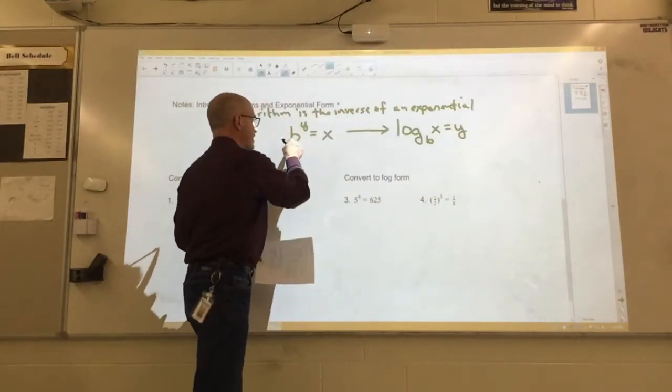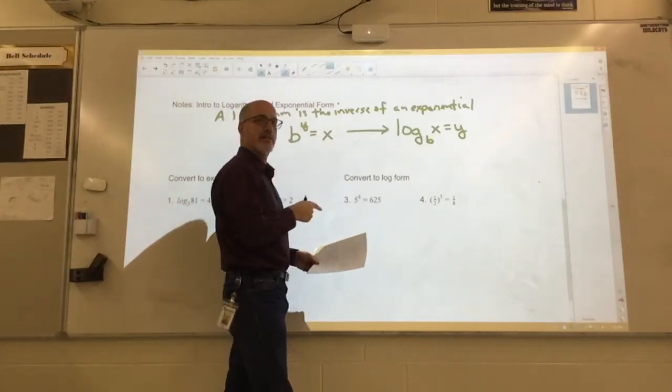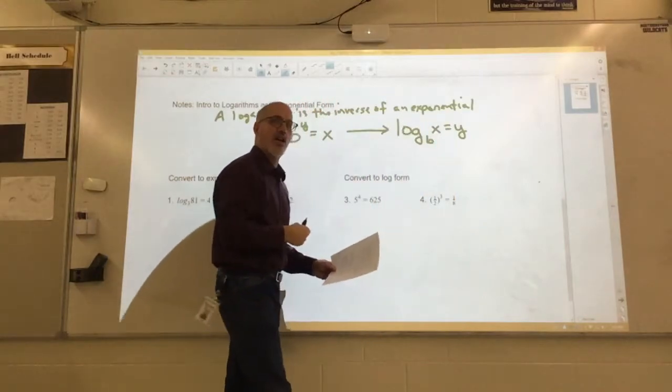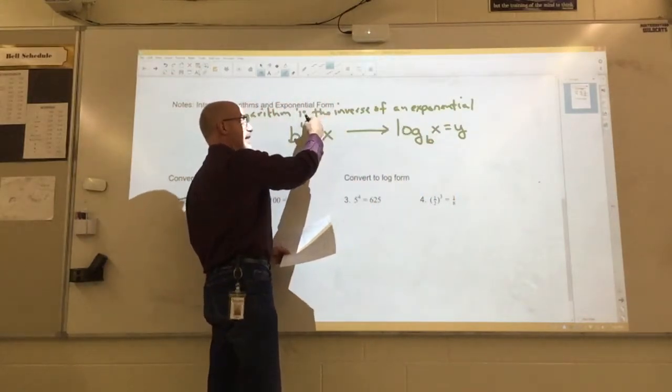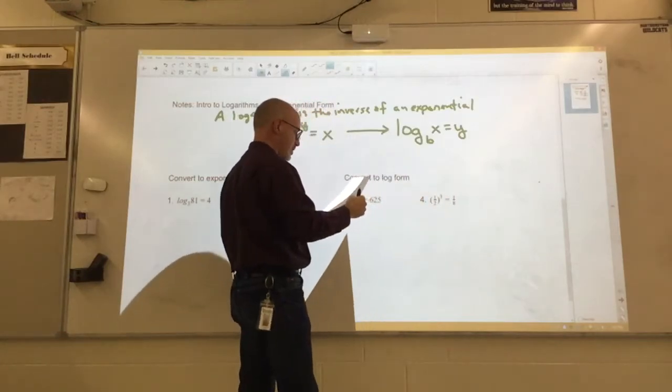So what you have is this is the base, and then notice that the exponent is what we're finding as the answer to the logarithm. Here we put the exponent in, there we get the exponent out. That's why they're inverses of each other.